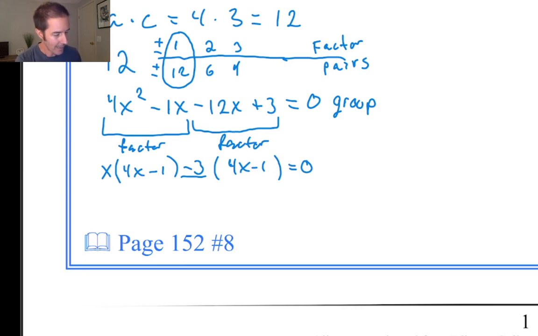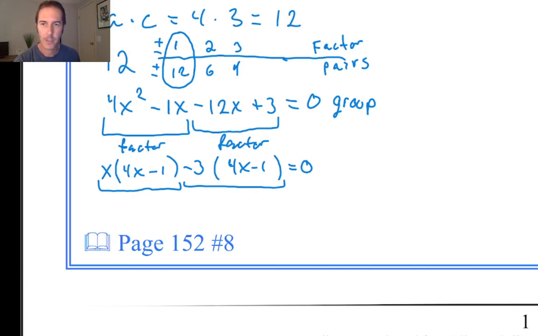Then we're going to factor again. Now I'm going to factor here and here. The two things that I bracketed here are called terms because they're separated by this minus sign. Terms are connected by either addition or subtraction. Here they're connected by subtraction.